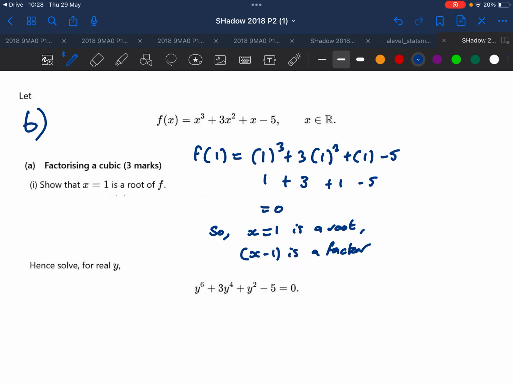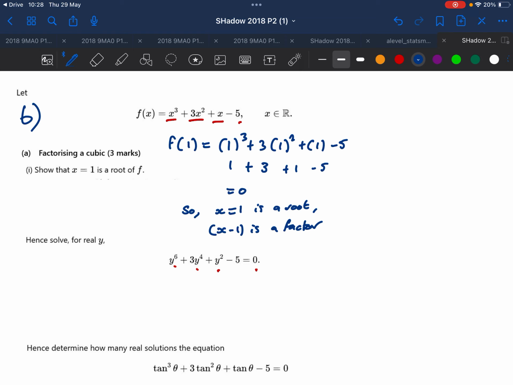The reason I'm going to do this is I can spot that if I just take those first two, there seems to be some connection. And if you keep going with it, for the next one, what has become what? x cubed has become y to the 6.